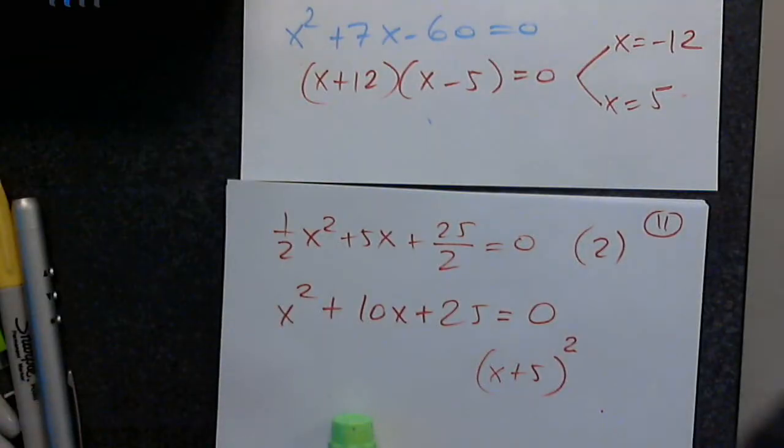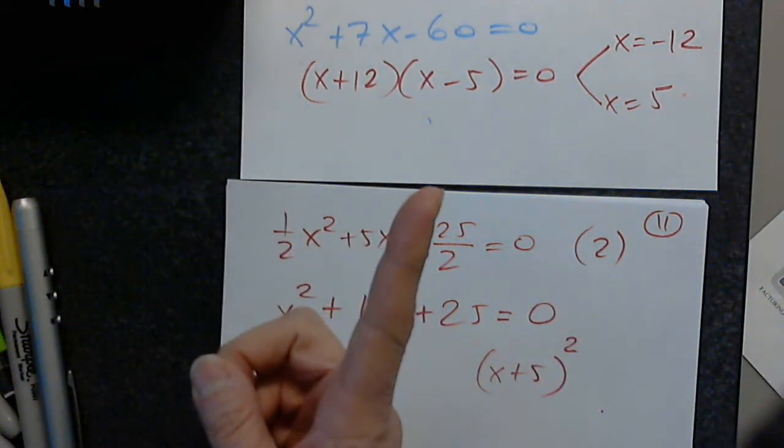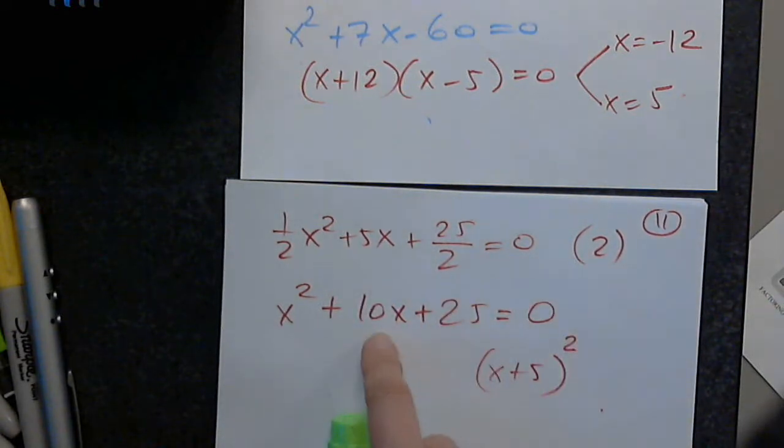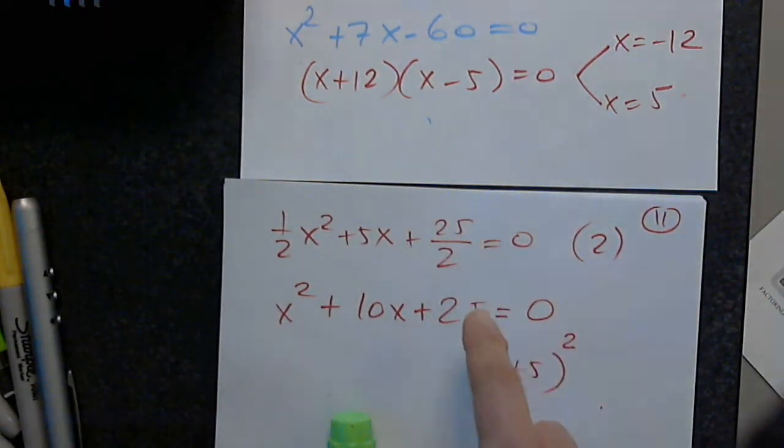How did you get 10? I know 2 times 5 is 10x plus 25. How did you multiply that by 2? 1 over 2 times 2 over 1 is 1. 5 times 2 is 10. 1 over 2 times 2 over 1 times 25 is 25.